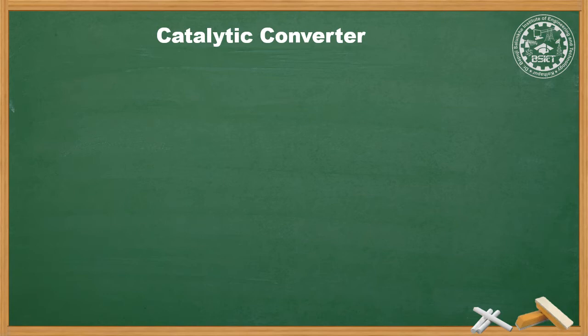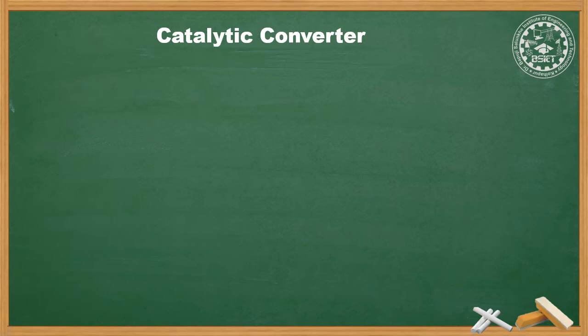Gases such as NOx, nitrogen oxide, HC, hydrocarbon, and CO present in exhaust gases are all treated in the catalytic converter, producing gases carbon dioxide, CO2, H2O, water, and N2, nitrogen, which can be safely released in the atmosphere.